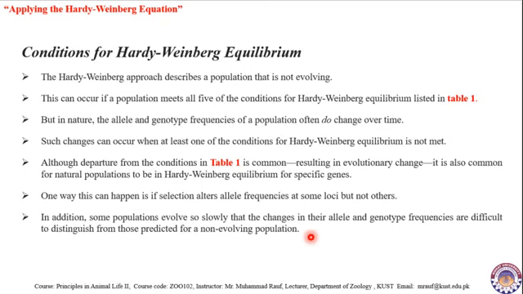A population is undergoing evolution, undergoing change in its genetic composition, but this change is so slow that it cannot be differentiated from that of a population which is not evolving.